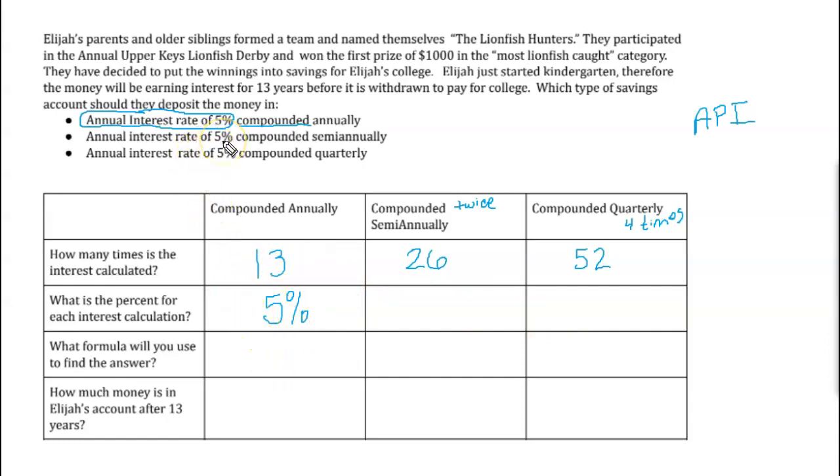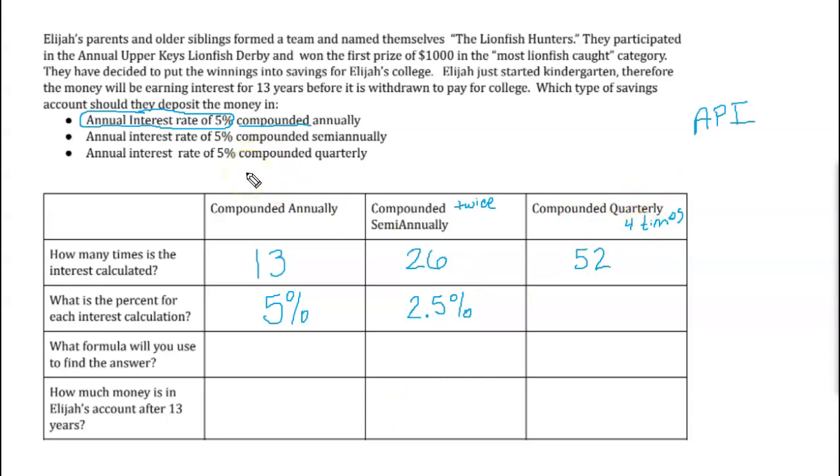But if it's 5% for the whole year, but you compound it twice per year, that means the first time you're going to do 2.5%, and the second time you're going to do 2.5%. So for the whole year, that's a total of 5%, but each time you do that computation, you're doing 2.5%. Compounded quarterly, again, it's 4 times a year.